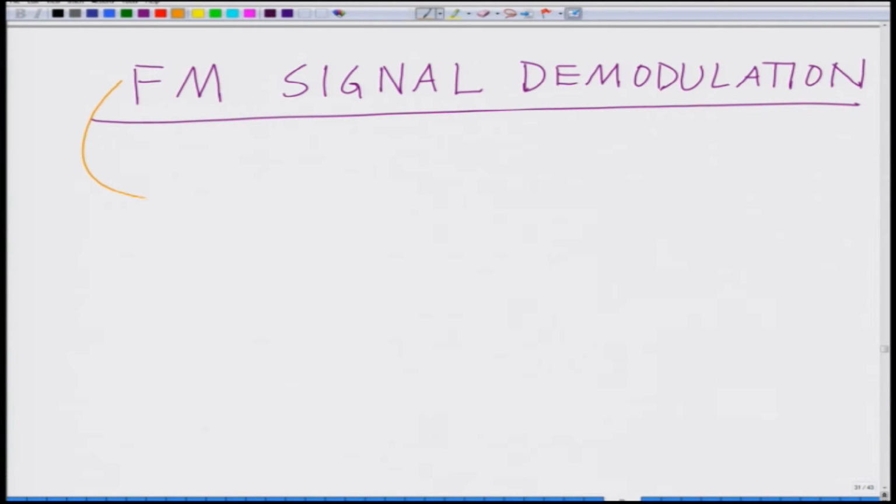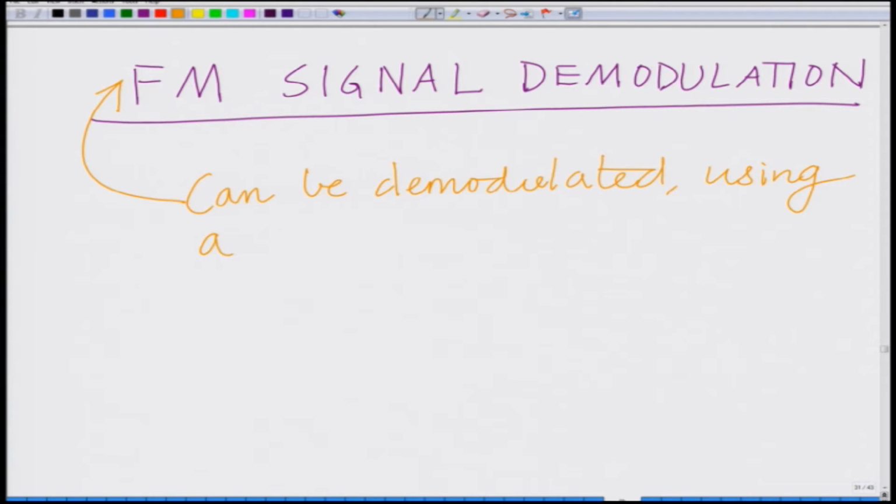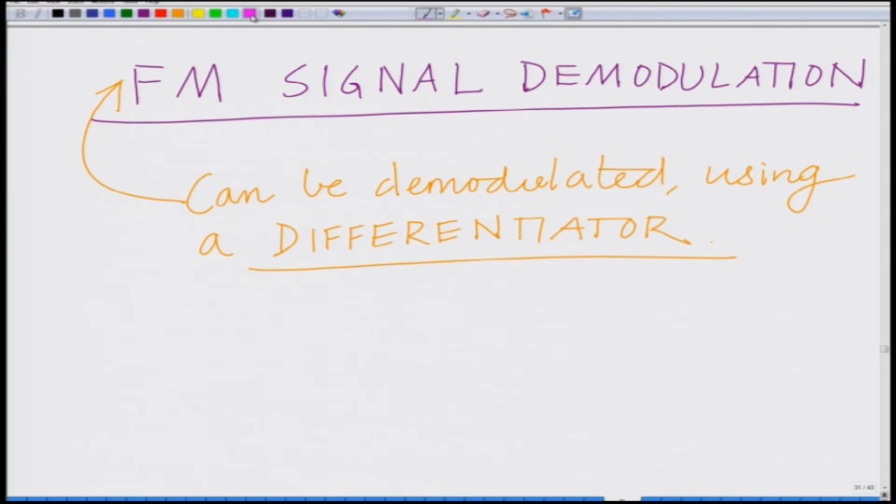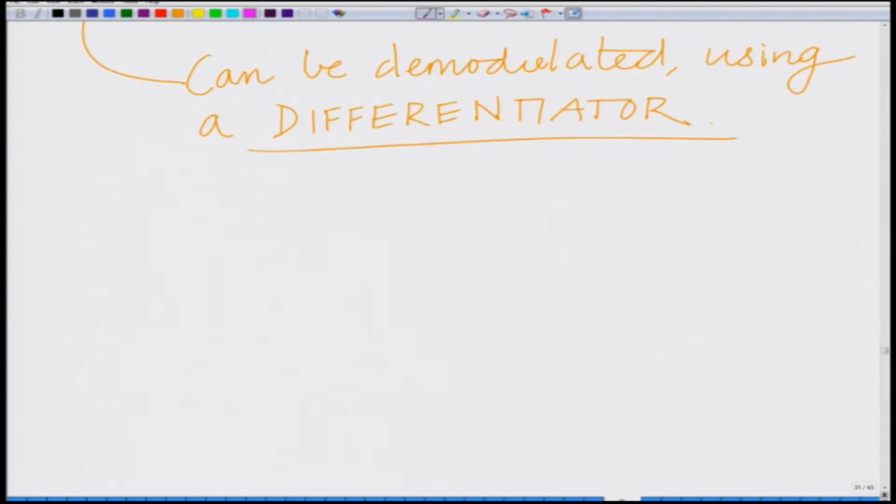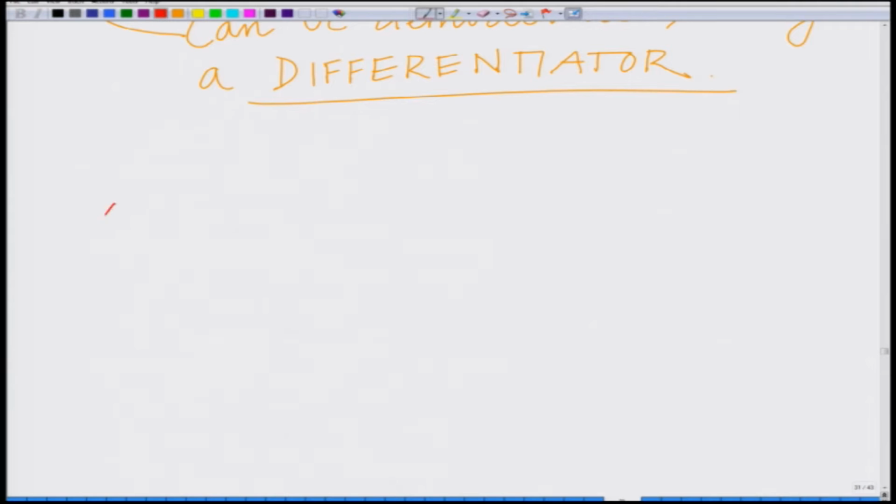So an FM signal can be demodulated using a differentiator. The idea is basically we have this FM signal s(t).